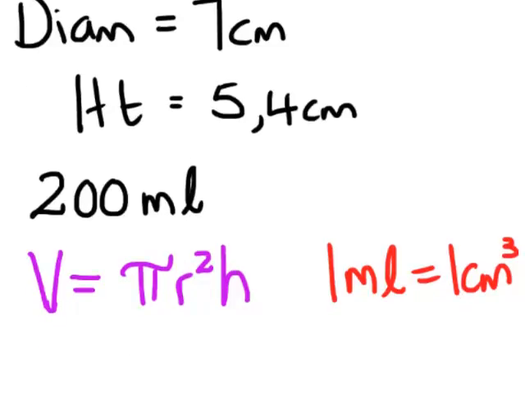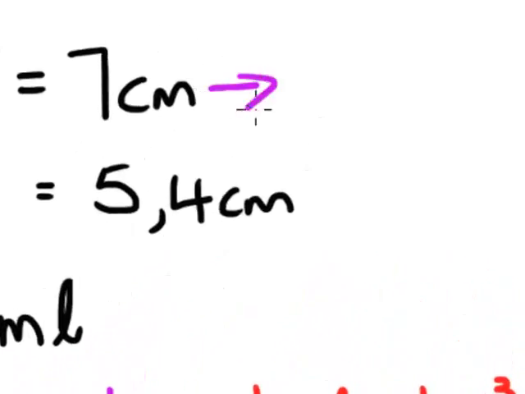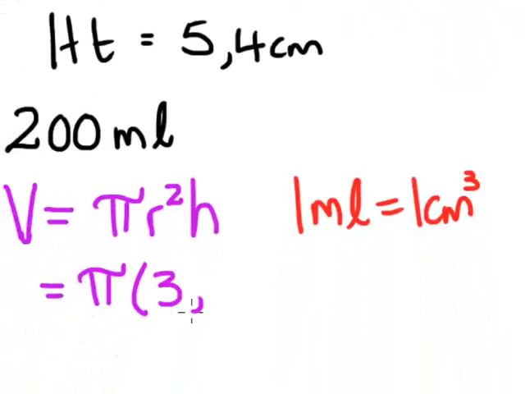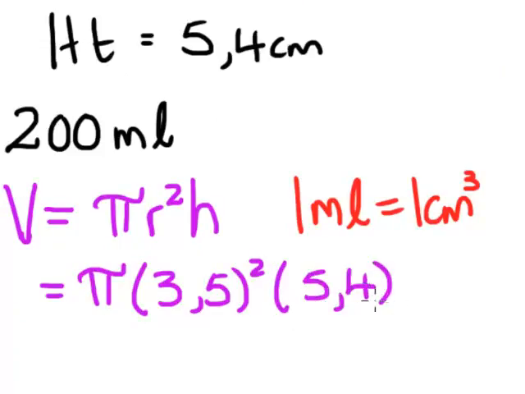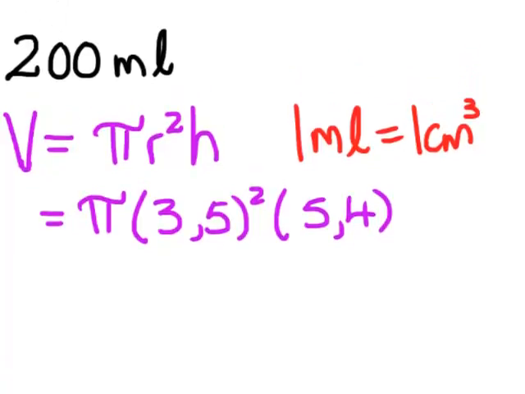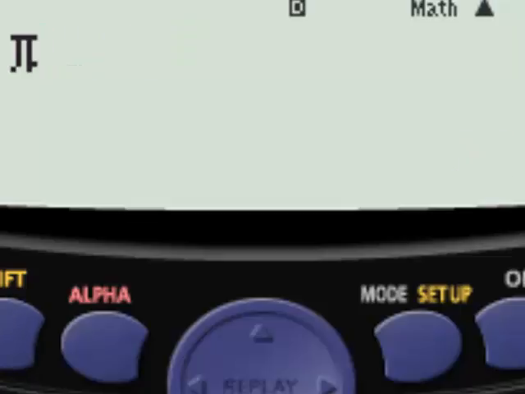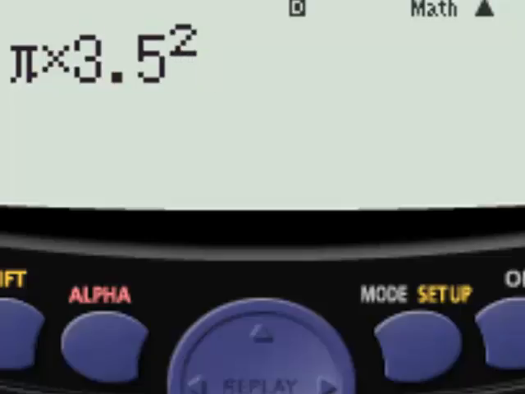So we've got to take our formula and substitute our values in. It's going to be pi. What is our radius going to be? We take our 7 centimeters and divide it by 2 for our radius, in other words, 3.5. So this is going to be 3.5 centimeters squared, and then our height is 5.4. Let's do that on the calculator: pi, multiplied by 3.5 squared, multiplied by the height 5.4.